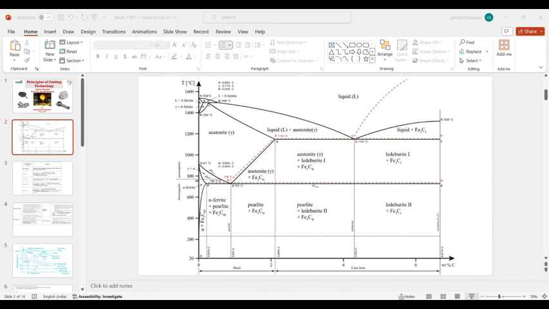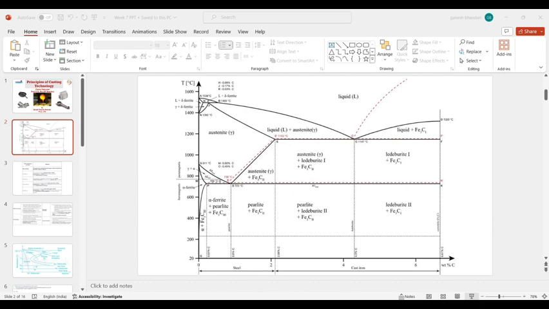This red line is basically for the iron graphite phase diagram. When we are talking about graphite or cast iron formation, we will consider this red line for calculating the temperatures and compositions of your cast irons.